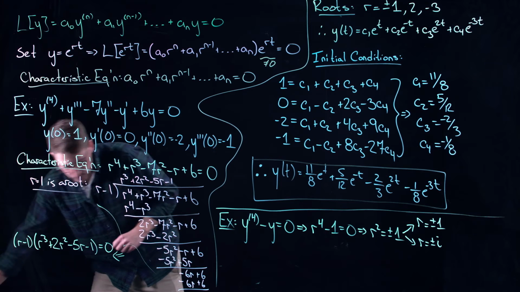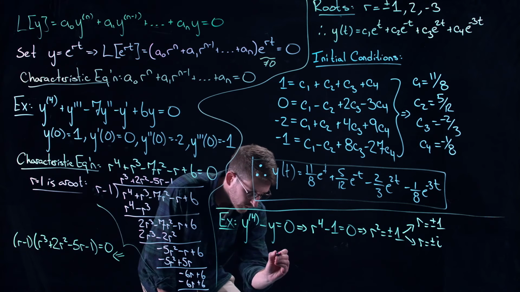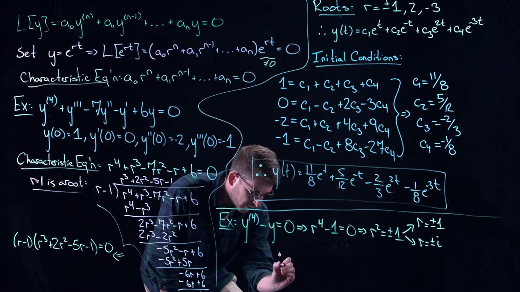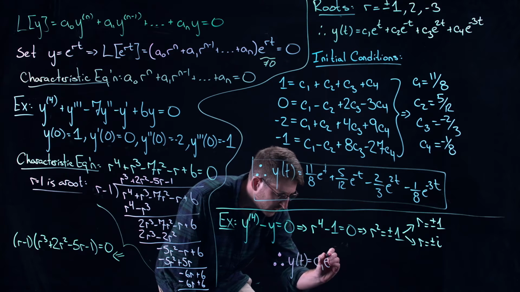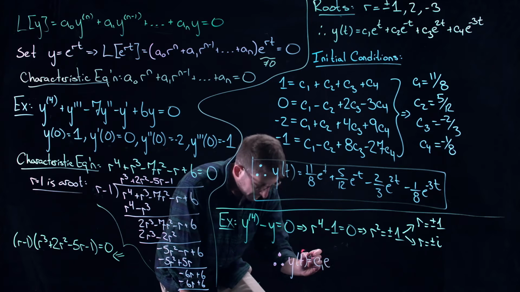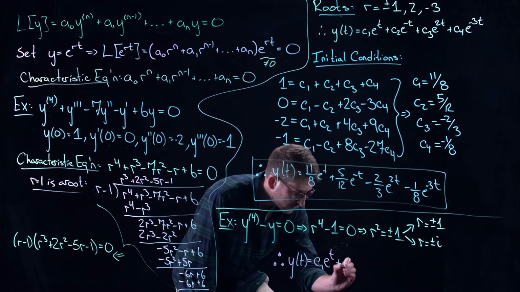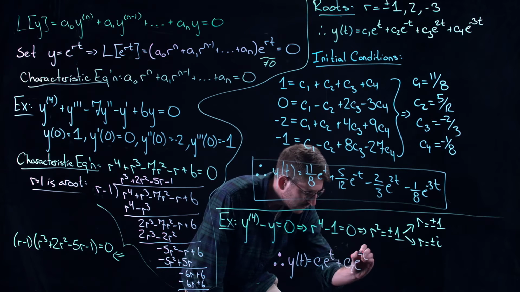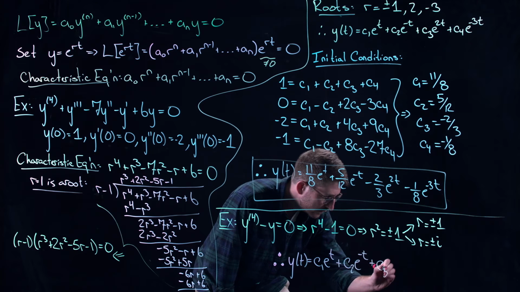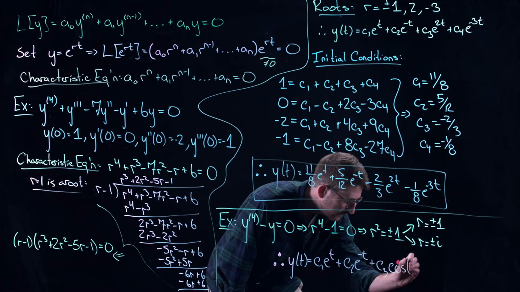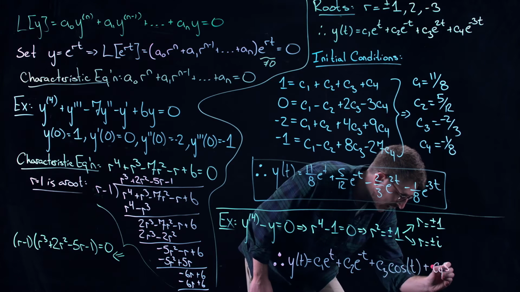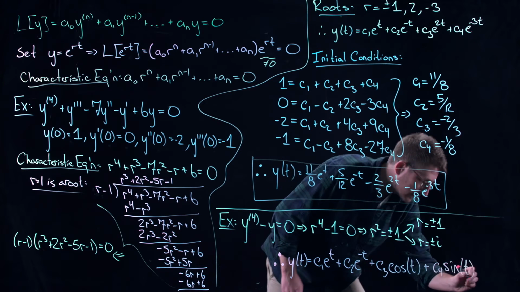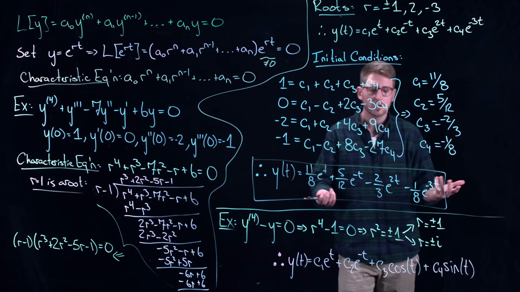So what is the general solution here? Just like before. We have all of this knowledge that we built up when we were doing second order equations. Don't forget it. Carry it over. So we get c3 cos of t plus c4 sine of t, right? So the only thing that's really different is more terms in here.